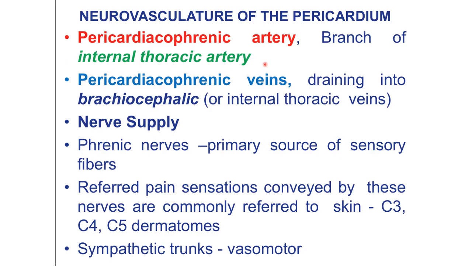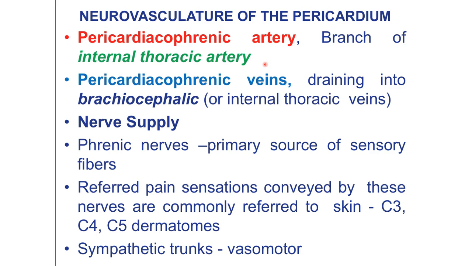But again, this is very important for your understanding. The pericardium is innervated and supplied by nerves and blood vessels. The arterial blood supply to the pericardium is the pericardiacophrenic artery. This artery is a branch of the internal thoracic artery, on the left and right.